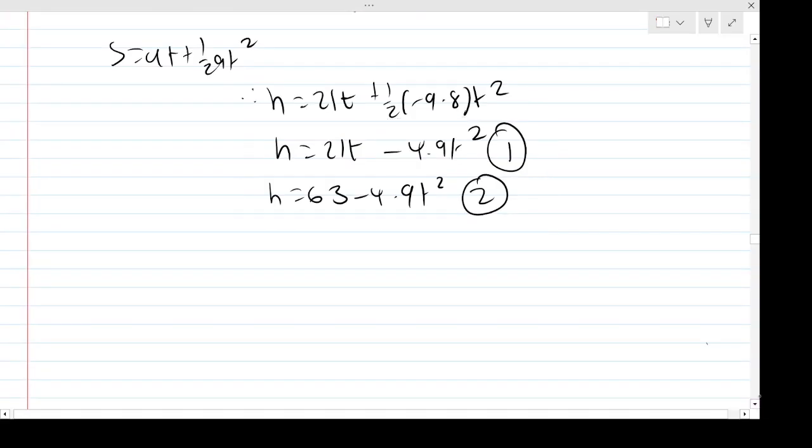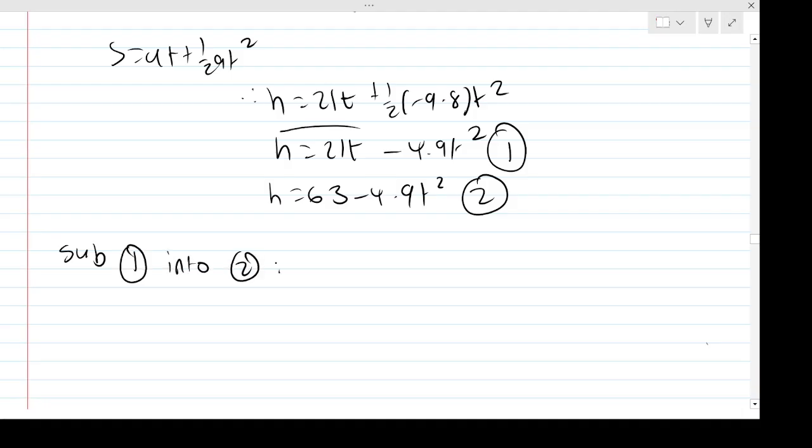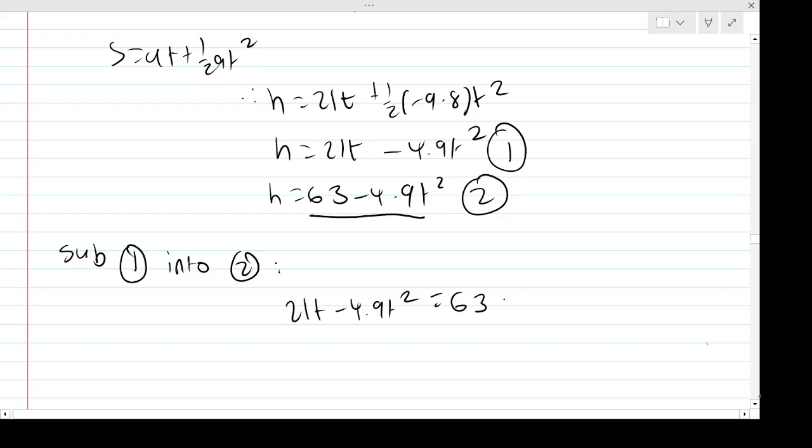I have h in both of them, so I can sub one equation into the other. If h is equal to 21t take away 4.9t squared, then 21t take away 4.9t squared has to equal 63 take away 4.9t squared, right?